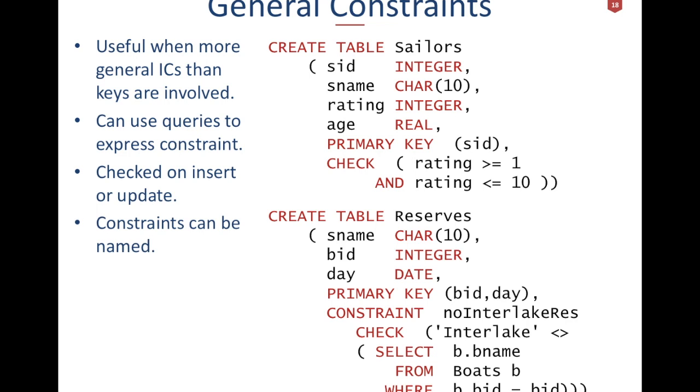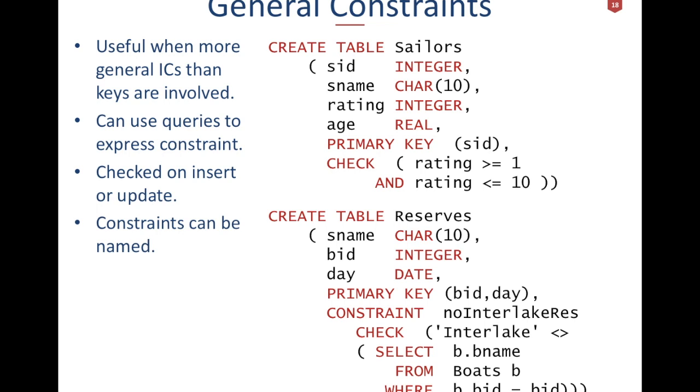We're checking that the string 'Interlake' is not equal to B.bname from boats B, where B.bid equals bid. I believe we'll get to that later because it's a little bit advanced.